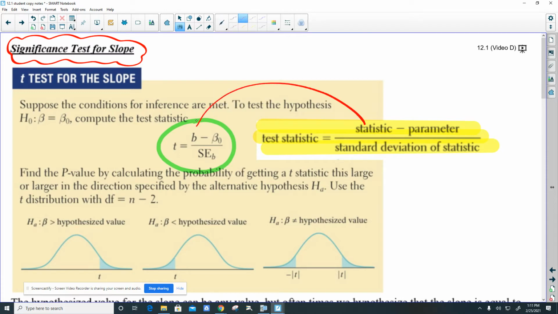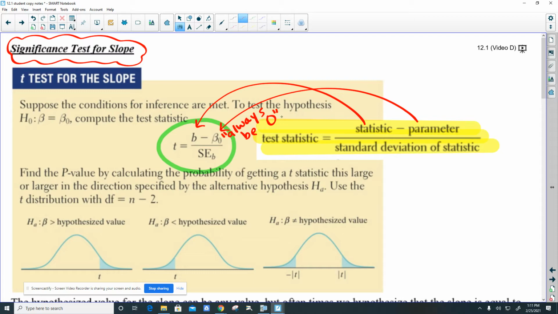Specifically, your statistic is your sample slope. The parameter is your hypothesized value from the null hypothesis. Incidentally, this will always be 0, okay? Because the null hypothesis is always a statement of equality, and so we are hypothesizing that there is actually no association at all between the two variables.